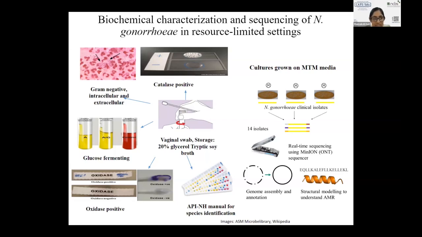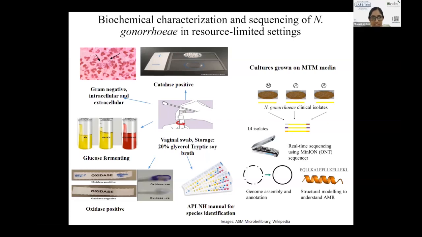And once we had identified some strains, we carried mobile sequencers with us, mainly the MinION sequencer that ma'am had mentioned, nanopore sequencers. And over there, we established a small sequencing setup. So these small MinION sequencers, we can directly connect them to the laptop and perform real-time sequencing.